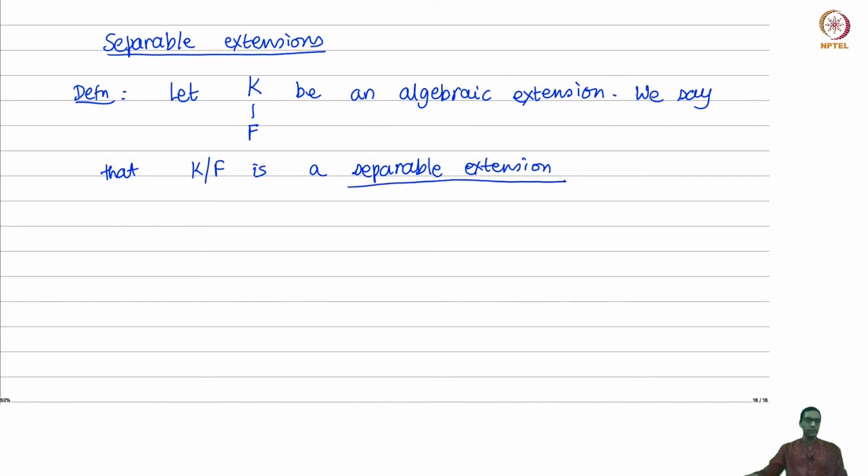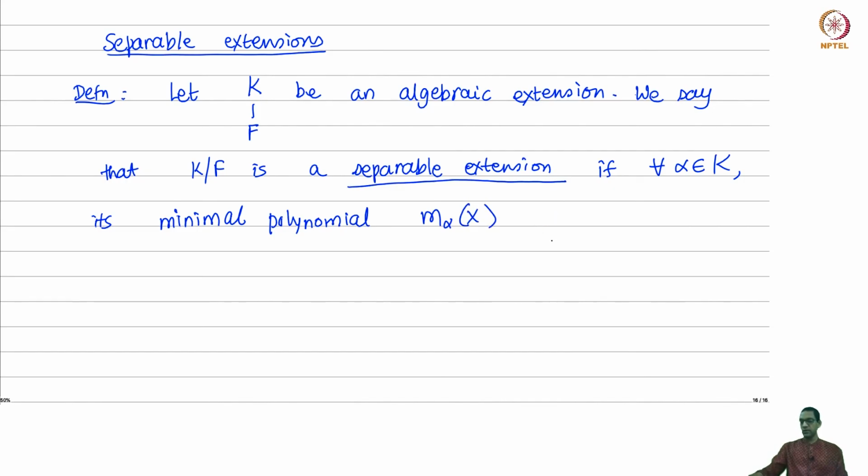We say it is a separable extension if for every element alpha in K, its minimal polynomial m_alpha(x) is separable. So what is a minimal polynomial?